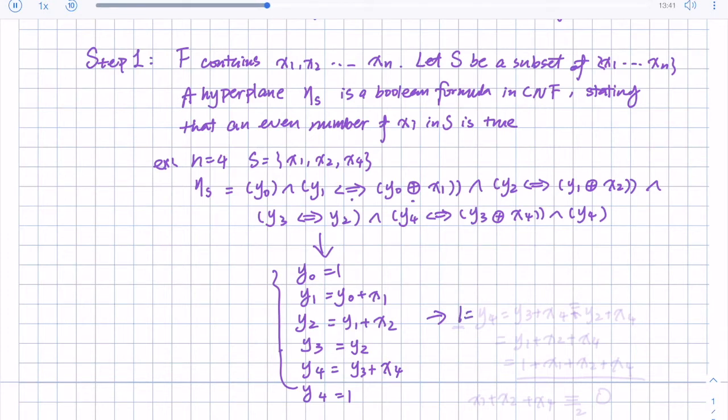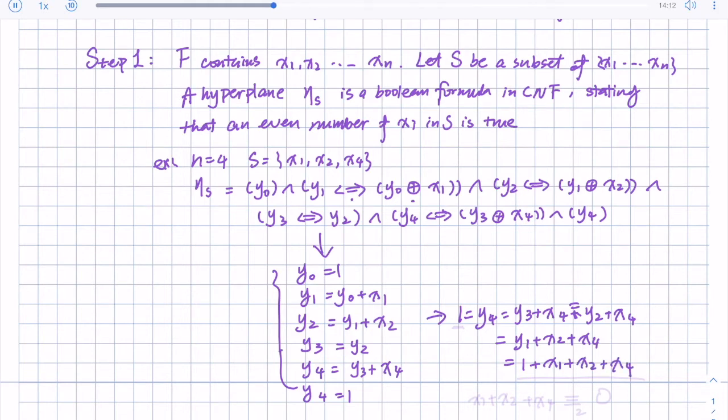So then, if we solve this system of equations from bottom to top, then we can see that 1 is y4, which equals y3 plus x4, which equals y2 plus x4, and then equals y1 plus x2 plus x4, and in the end we'll have 1 plus x1 plus x2 plus x4.